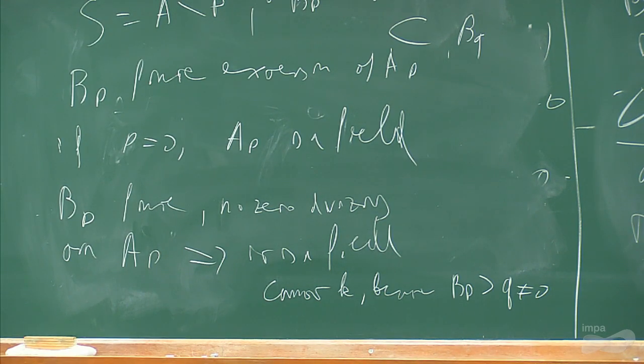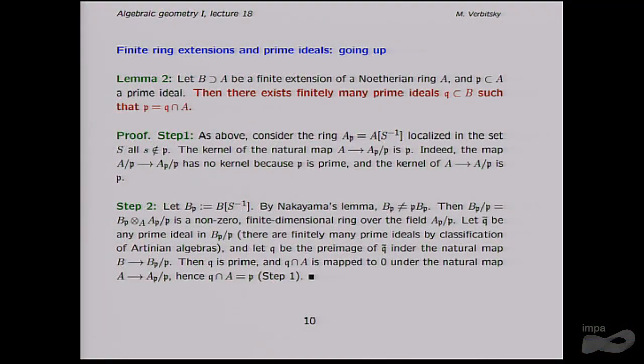Let's finish with going up, and then we shall have a break. So going up is a very similar result. I call it Lemma 2. The notation will be pretty much the same.